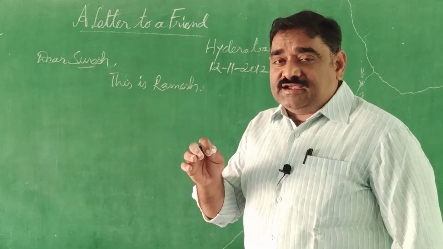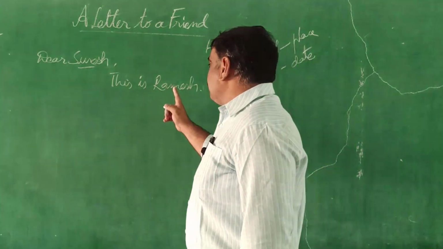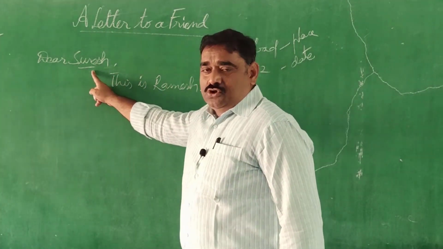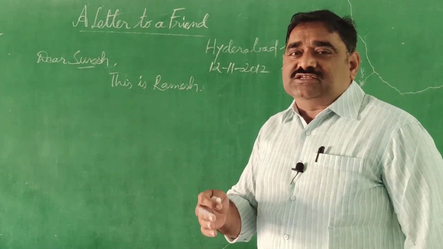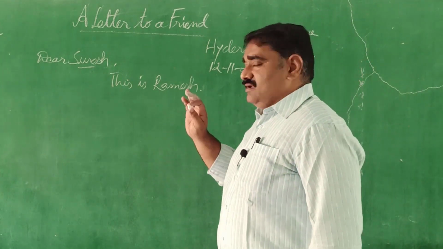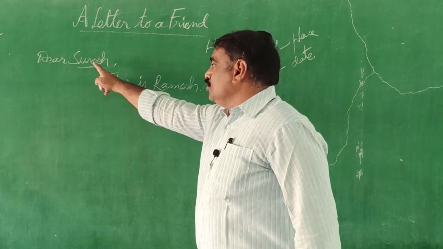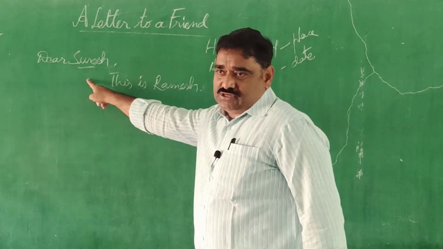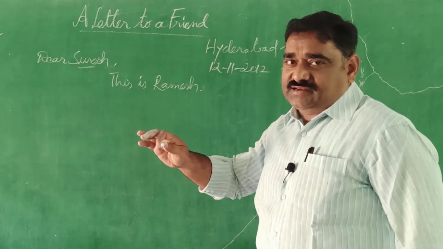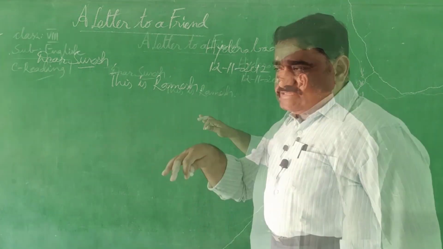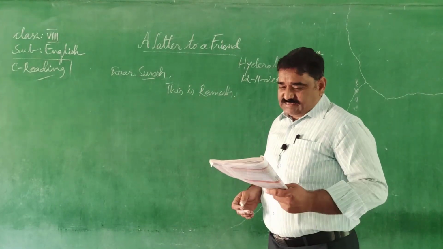To whom did Ramesh write a letter? Ramesh wrote a letter to Suresh. Who are Suresh and Ramesh? They are friends. Ramesh wrote a letter to his friend Suresh. So this is an informal letter. Clear? Now let us step into the actual reading passage.